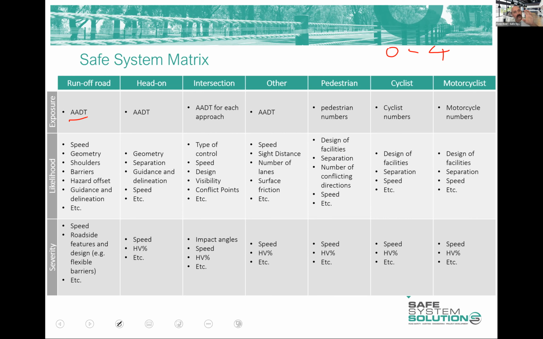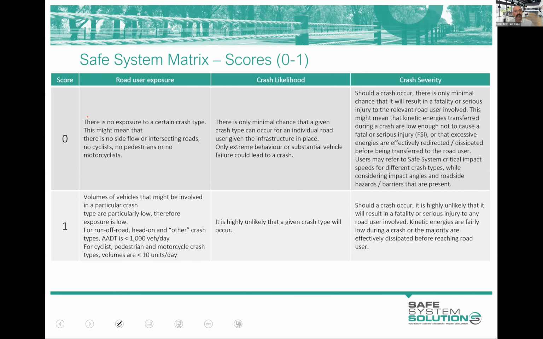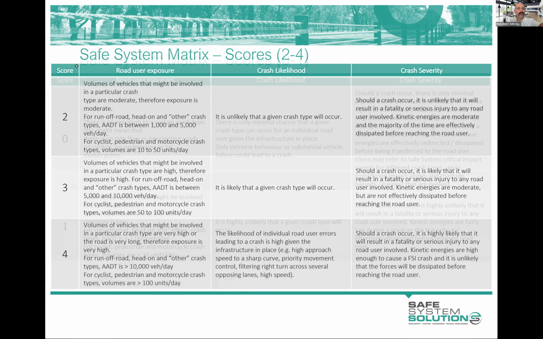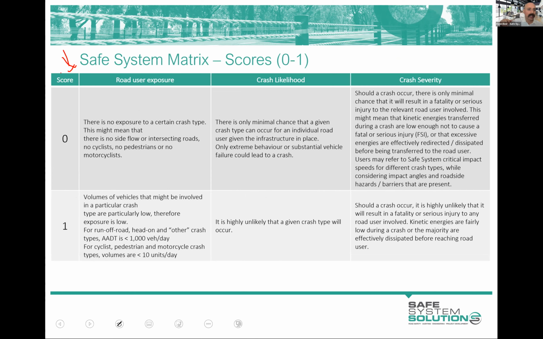Well, you go to the Austroads Safe System Assessment Scoring Reference Sheet. I've reproduced that here, but you'll find it straight out of the Austroads guide. It gives scores 0, 1, 2, 3, 4, and then road user exposure. Let's start with a 1, and I'll come back to 0.